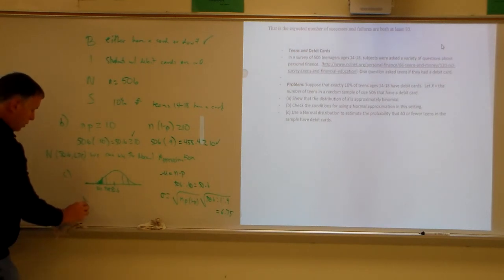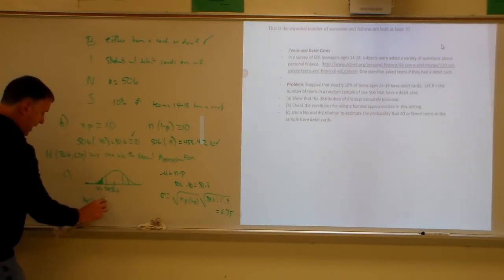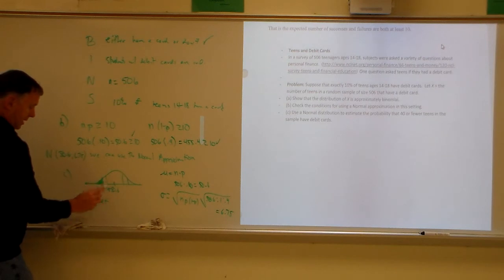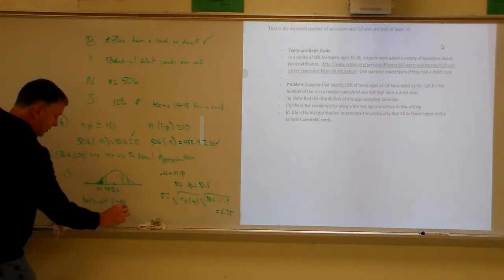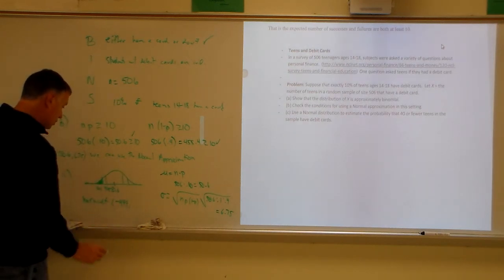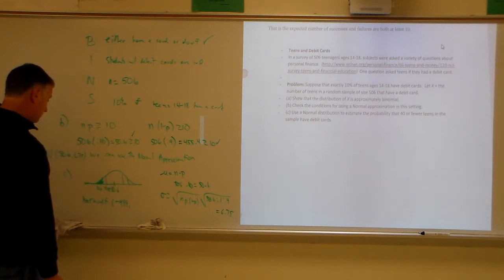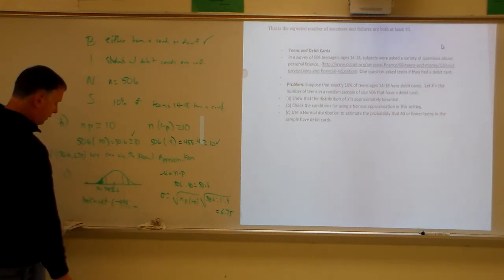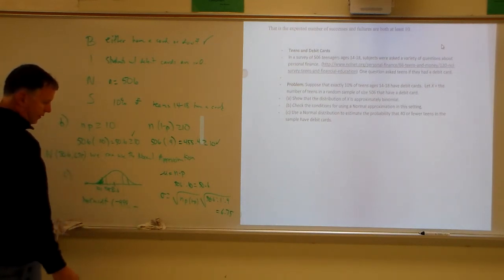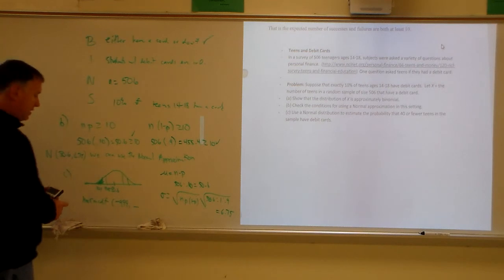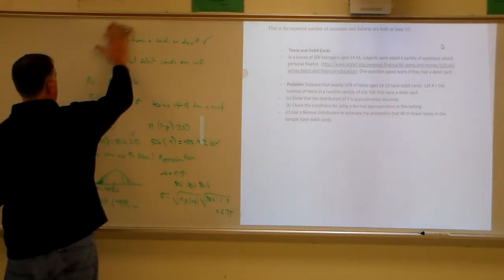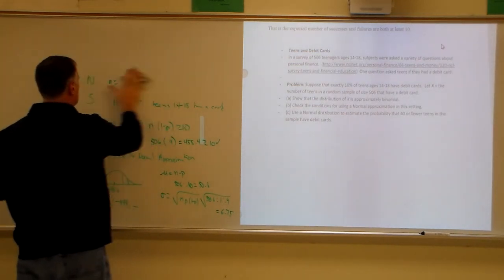So we do norm CDF. I wanna find from here to here, negative 999 to my z-score. But guess what? I didn't even find the z-score yet. I gotta do that first. So let's erase some of this stuff up top and let's find the z-score.